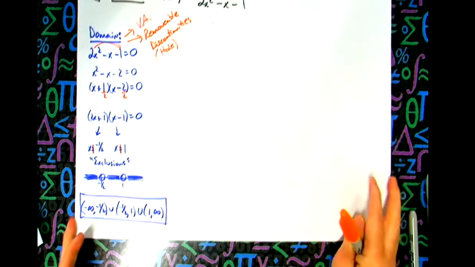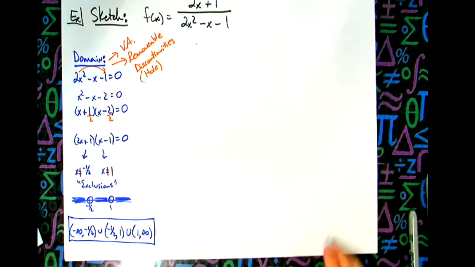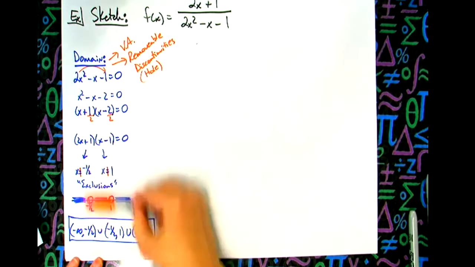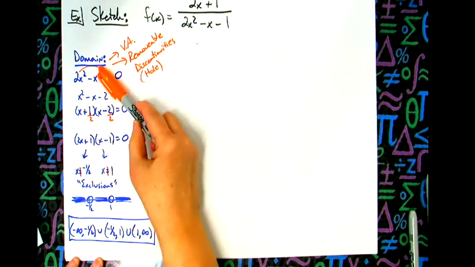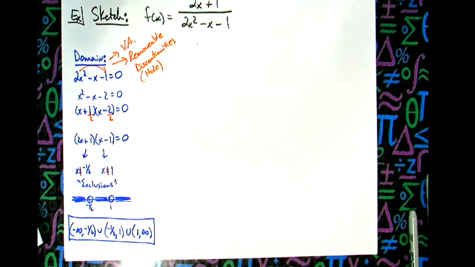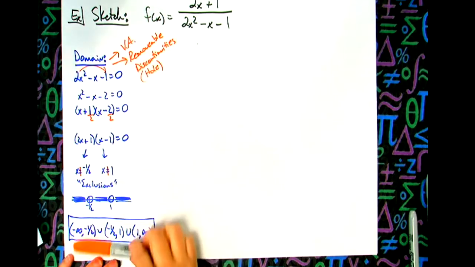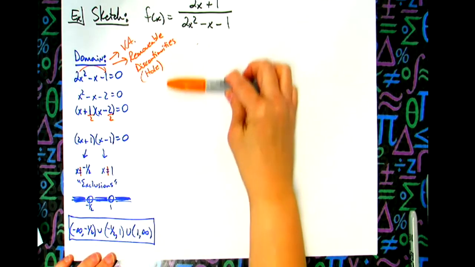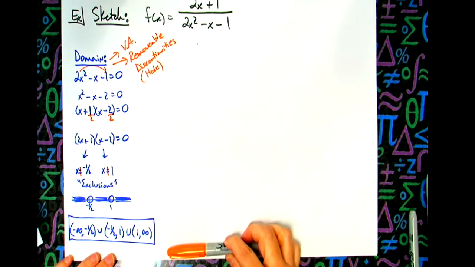Because for the most part, those are the only 2 reasons something is not going to be in the domain. It's either going to be a vertical asymptote or a removable discontinuity, so there's a connection between the domain and your vertical asymptotes, and between the domain and the removable discontinuities. Now, if this is the domain, I would have done the exact same thing to find the vertical asymptotes, right? Except what's the other step?